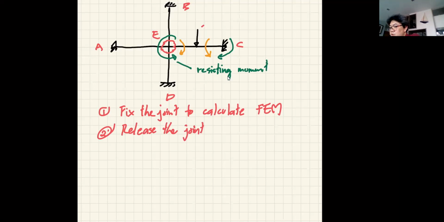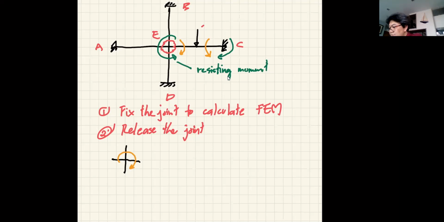So when I release the joint, this joint E will rotate due to the load, right? So this moment from the actual load will continue to rotate the joint.